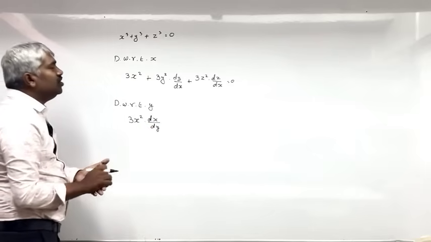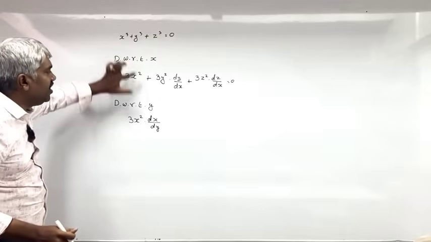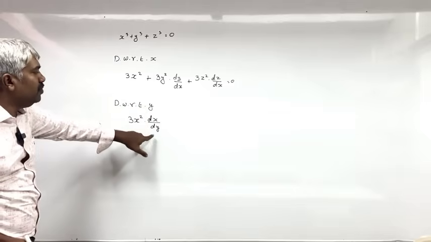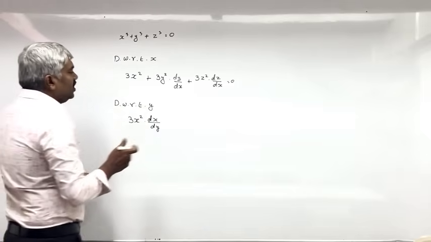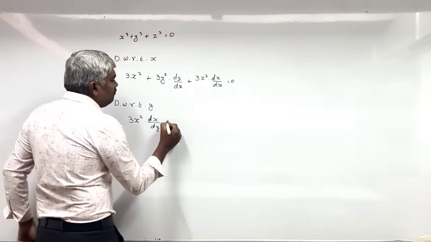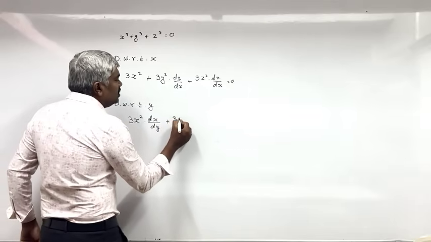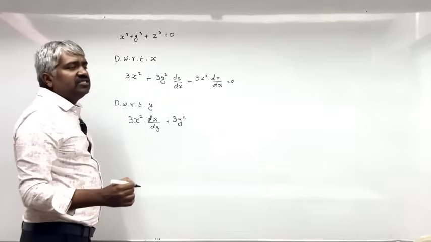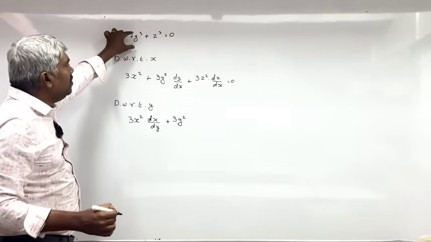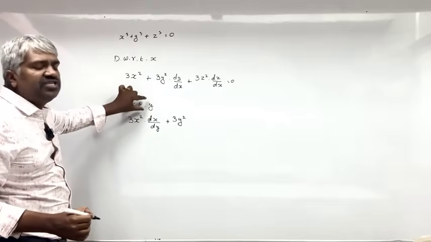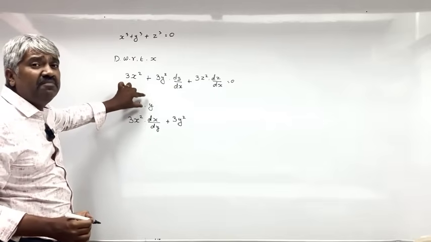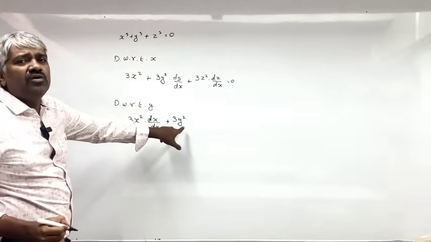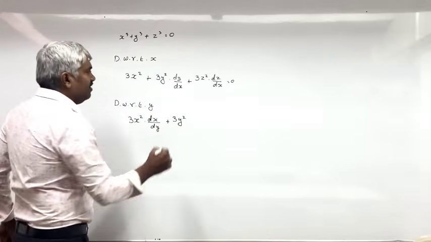That is, you are differentiating variable x and getting permission from y. Next, differential of y cube is 3y square. Since variable and the person who is giving permission is also same, so no need to do anything after this.